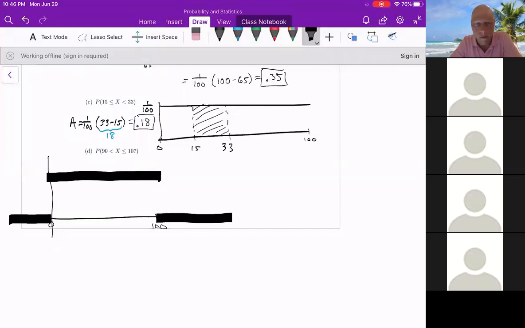And so the focus is really on the area under the non-zero curve, or between 0 and 100. And so what we're looking at here is just from 90 to 100, which is that region there, which is going to be 0.1.